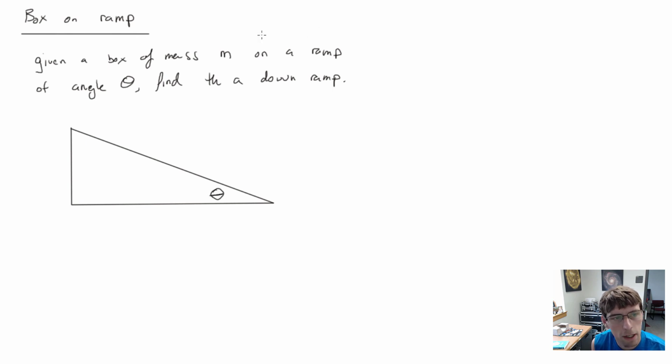And I guess we better put a box on here, so let's put a box on the ramp, fill that box in, and lastly call it a mass m. So here's our physical situation: a box on a ramp, angle theta, and we're interested in finding the acceleration. Let's get an idea about what's a good choice of system and what's a good choice of surroundings.